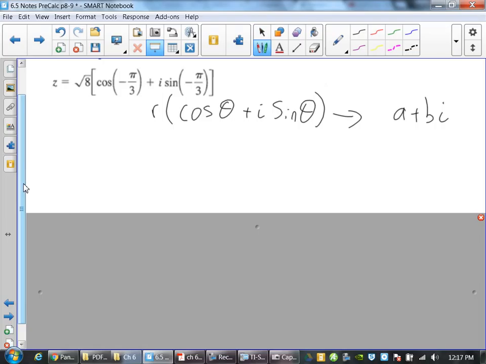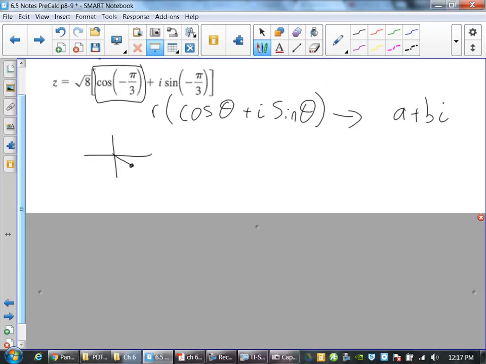Negative pi over 3 is in which quadrant? Fourth quadrant. Cosine in the fourth quadrant, is it positive or is it negative? It's positive. What's the reference angle for pi over 3?